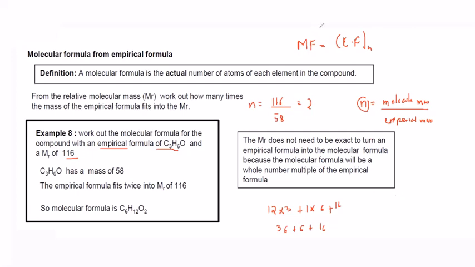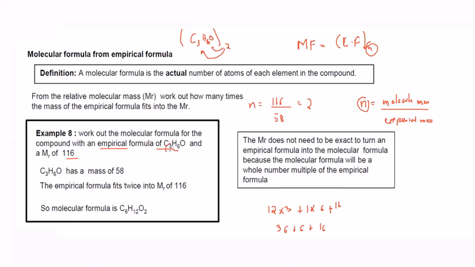So empirical formula multiplied by n will give you the molecular formula. The empirical formula was C3H6O multiplied by n. What is n? n is equal to 2. So this 2 is multiplied with carbon, this 2 is multiplied with hydrogen, and this 2 is multiplied with oxygen. Now in the question there is one oxygen. Why are we not multiplying it by its number?